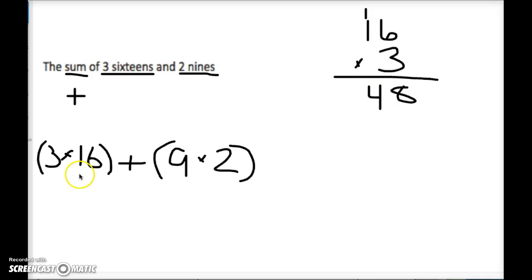So this part of my expression is 48. And over here, 2 9s, well, that's a basic fact. That's a little bit quicker. I know that that's 18. And 48 and 18 added together, because again, we're finding the sum, would be the equivalent of 64. So 64 is what I would write in the value of the expression column.